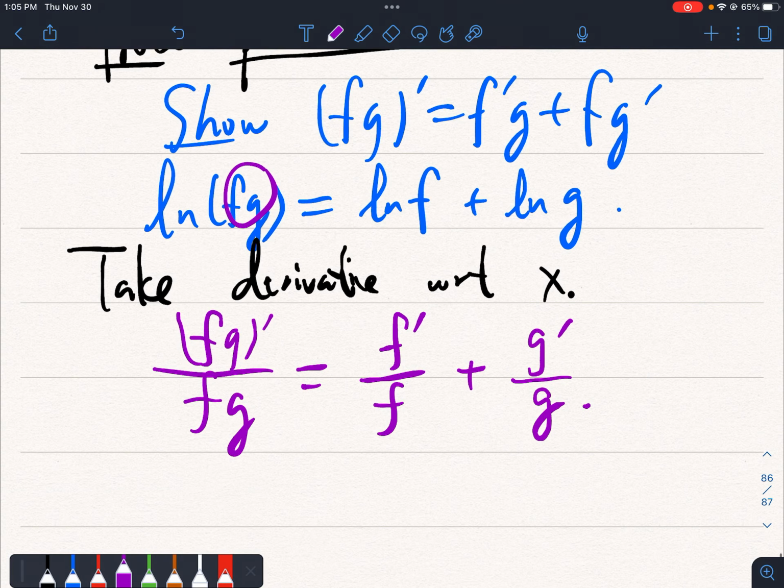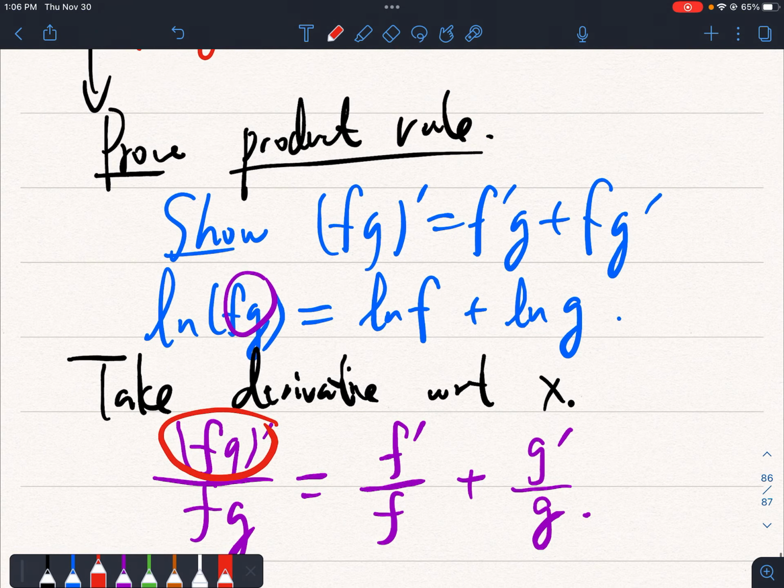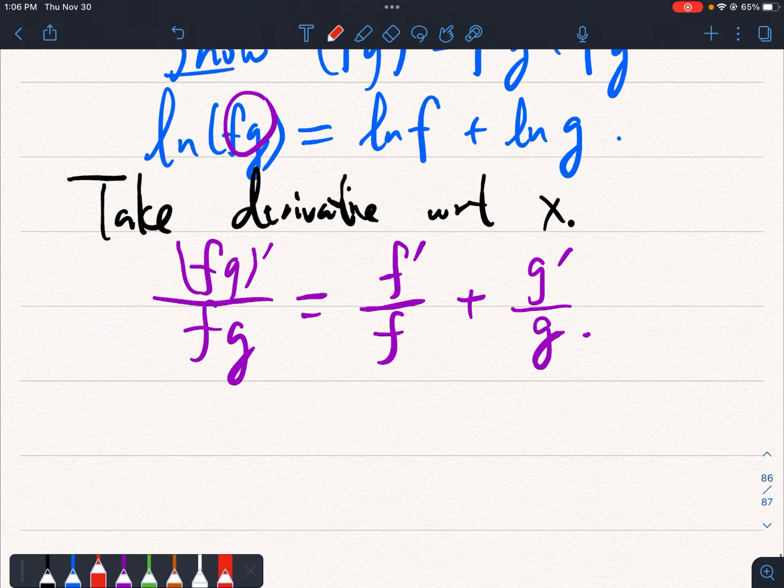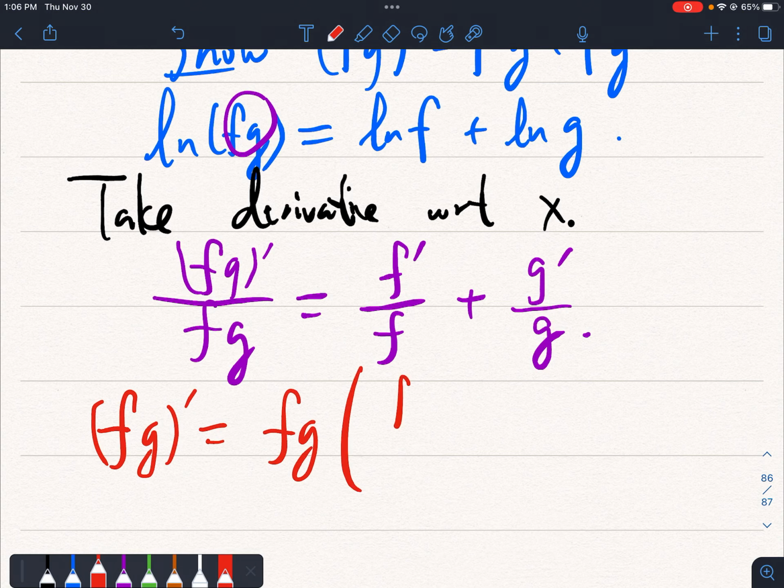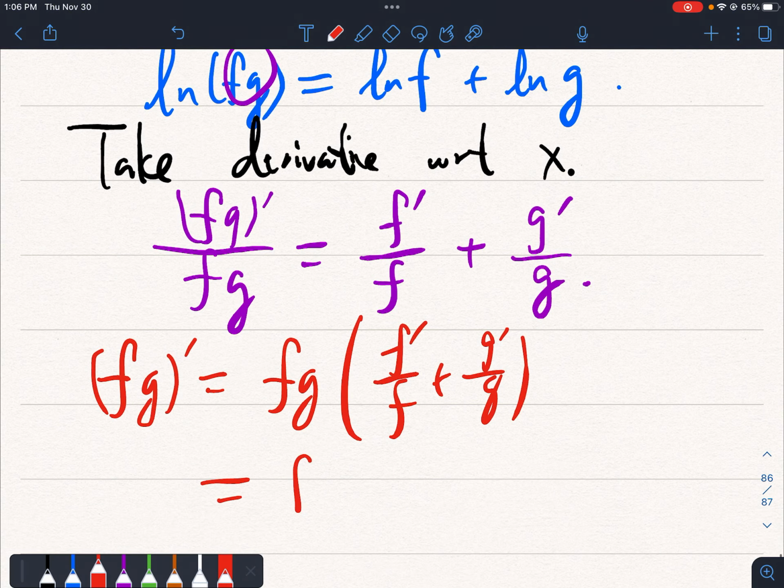And then again, this time, this is f prime over f plus g prime over g. Now, you're asked to find the derivative of fg, and here you are. So then you can get (fg) prime is going to be fg times f prime over f plus g prime over g. So then you can multiply them in. So then you get f prime g plus fg prime, and then you realize that this is true.